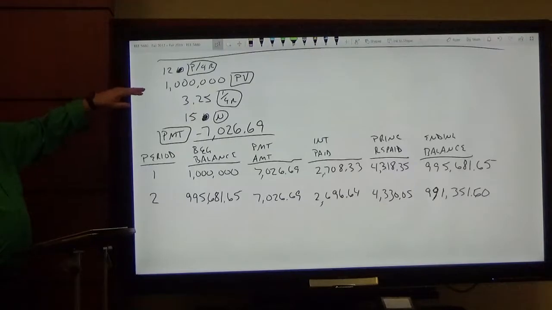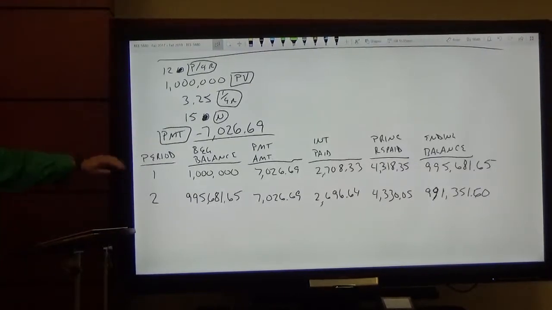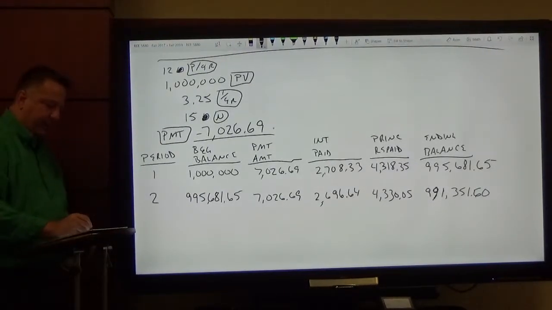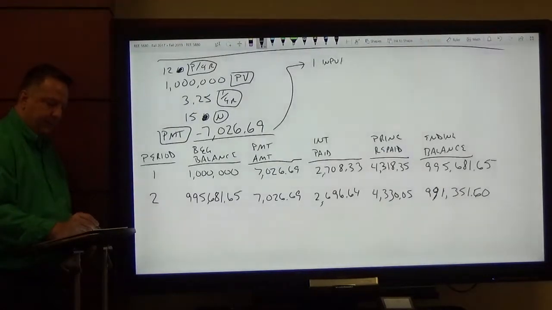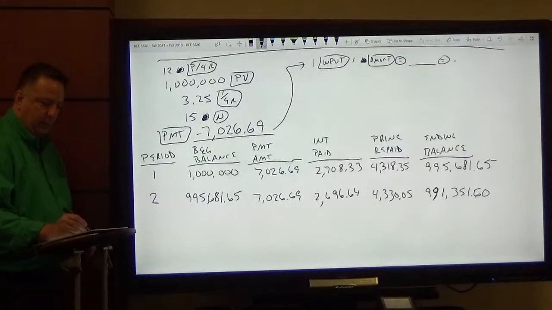Okay, so once again, get down to the payment. Once you've got down to the payment, then all you're going to do is input 1, shift, amortize, equal, and equal.